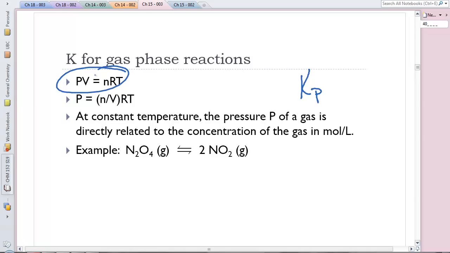If we rearrange this and divide by V, we end up with P equal to N over V times RT. N is moles, V is volume in liters, moles divided by liter.